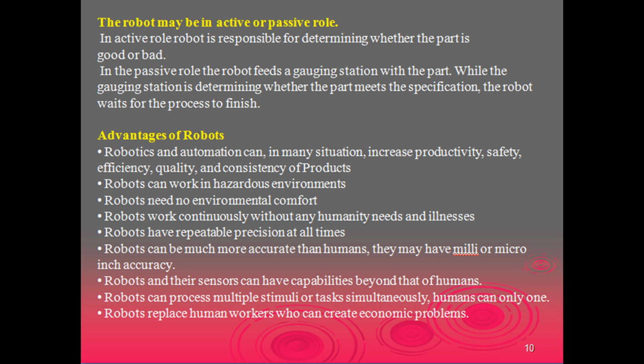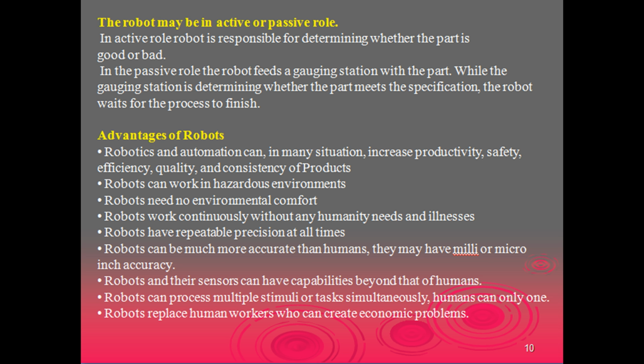Now we are going to discuss advantages of robots. Robotics and automation can, in many situations, increase productivity, safety, efficiency, quality, and consistency of products. Second, robots can work in hazardous environments. Third, robots need no environmental comforts.